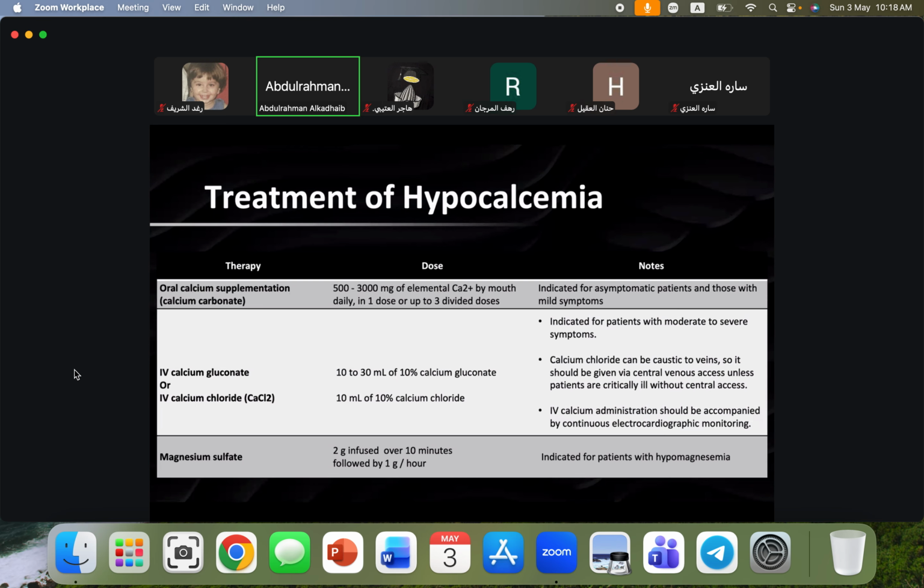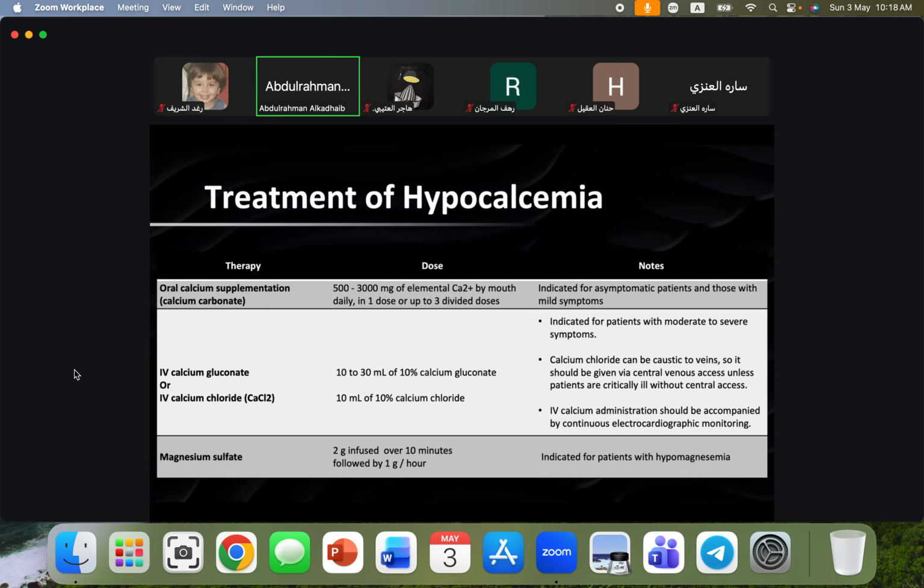And as we said in the treatment of potassium disorders, we should always put those patients on continuous monitoring, again, because continuous replacement of the calcium through the IV line may cause, again, some arrhythmias or accidental hypercalcemia, for example.